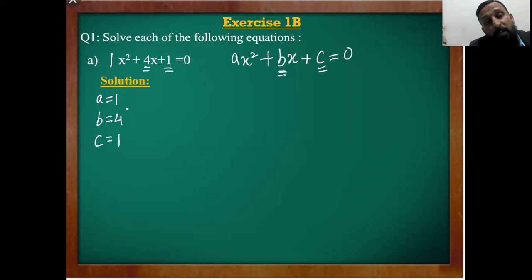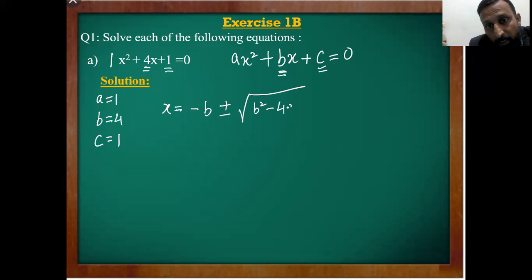We are asked to solve this by using the quadratic formula. What is the quadratic formula? x equals negative b plus minus under root b squared minus 4ac, whole upon 2a.